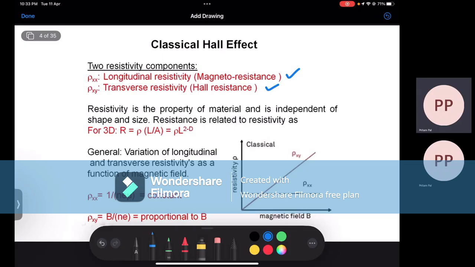So in general, this is actually independent of the magnetic field.